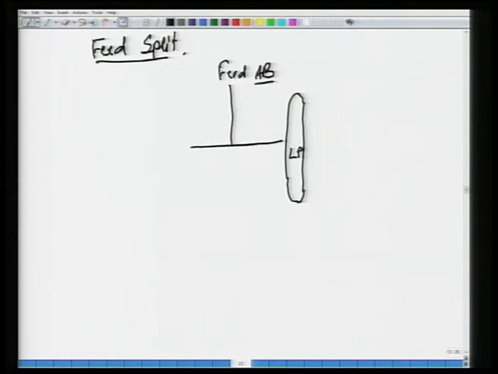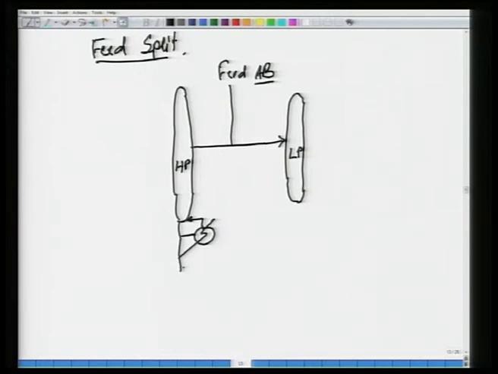Then the other part goes to a high pressure column. The high pressure column has its own reboiler, which provides the reboil here, and then of course you have the bottoms coming out.